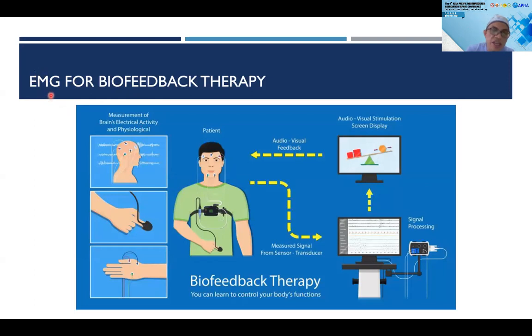We can use ENMG biofeedback therapy for chronic pain, for tension type headache, for fibromyalgia, and also to improve paretic muscle, for example in patients with spinal cord injury or stroke.